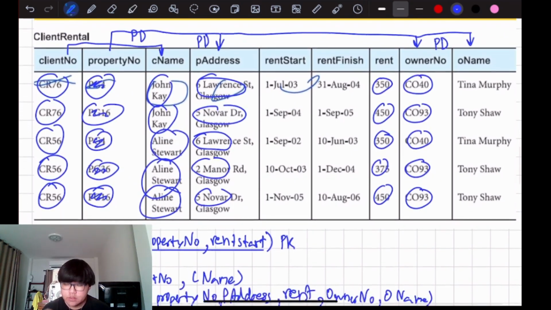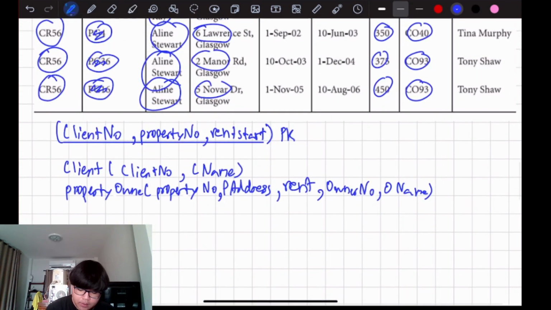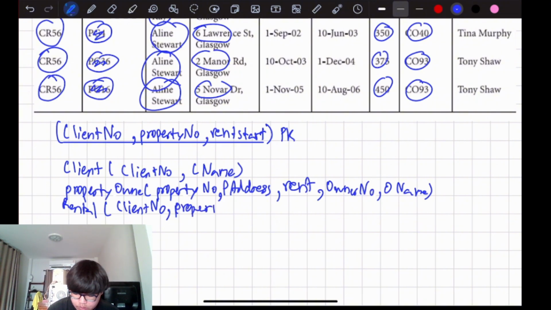Next is the rental table. In the rental table, we need to contain client number, property number, rent start and rent finish.